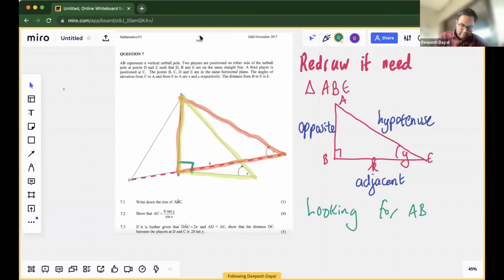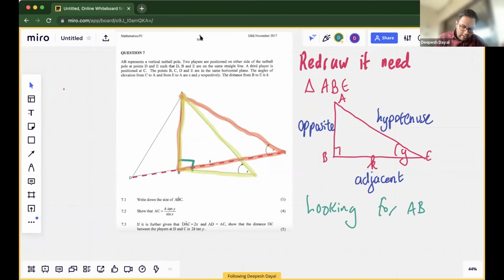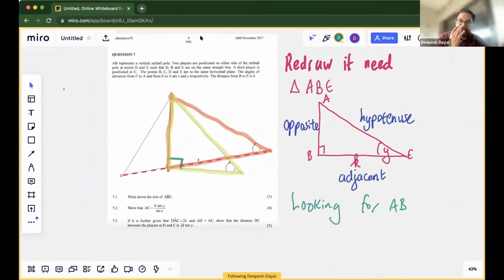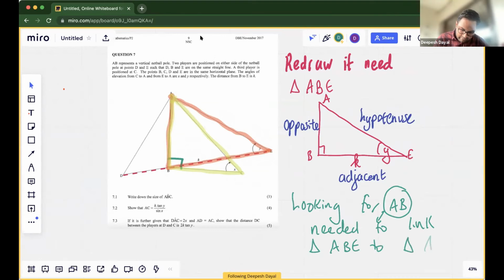We're looking for AB because AB is needed in order for you to link triangle ABE to triangle ABC, right? Yes.